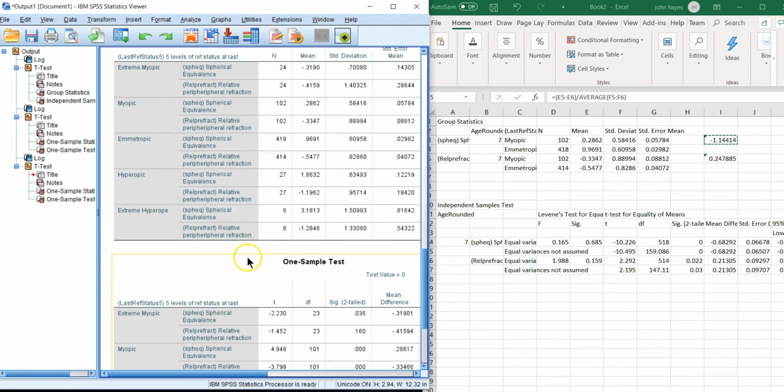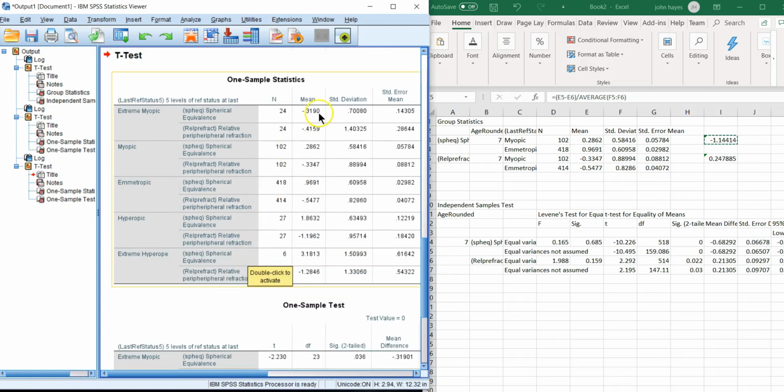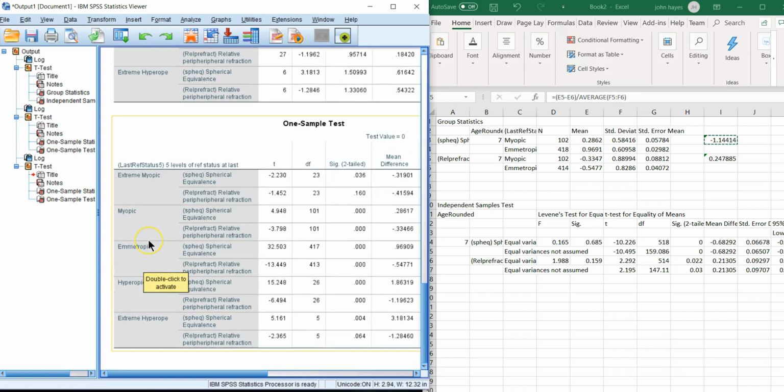Okay. Now we find for each one, extreme myope to extreme hyperope, are they different? And we look down here and we see that for extreme myopes, they are different for spherical equivalent, but not so much for relative peripheral refraction.